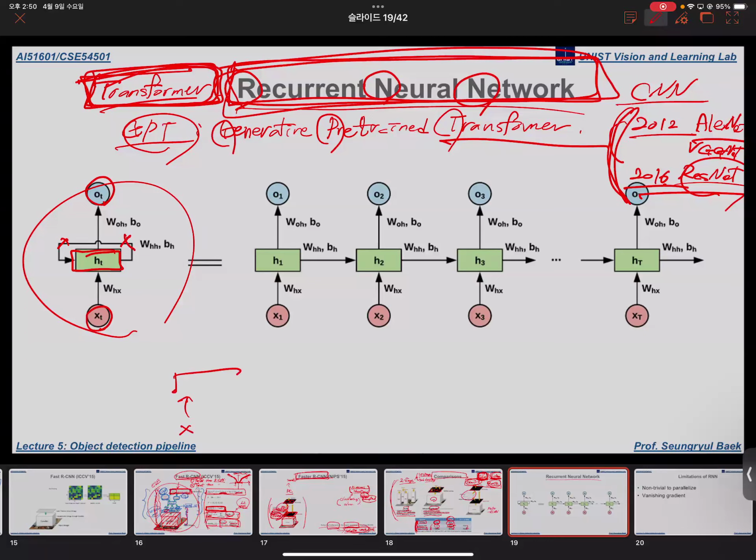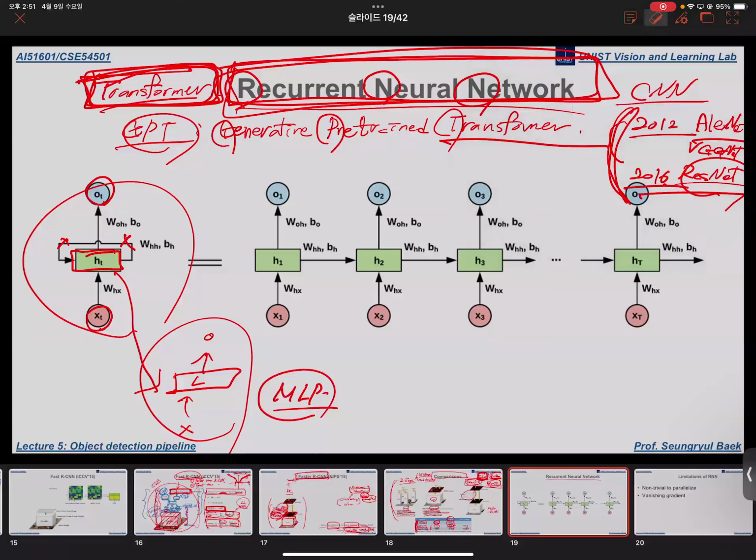So, this is some layer, and this is the output, okay? I'm redrawing it without this recurrent component. So, this is actually the same as the MLP, multi-layer perceptron, or linear layers we already learned. Okay? Do you guys agree with this? Maybe, right? Okay.